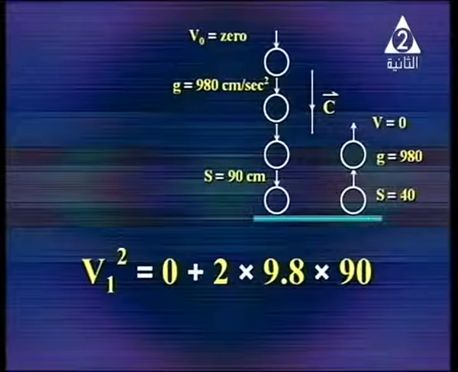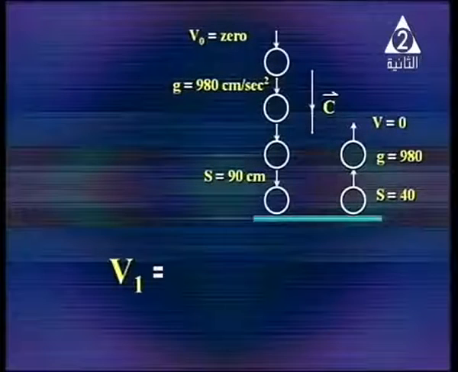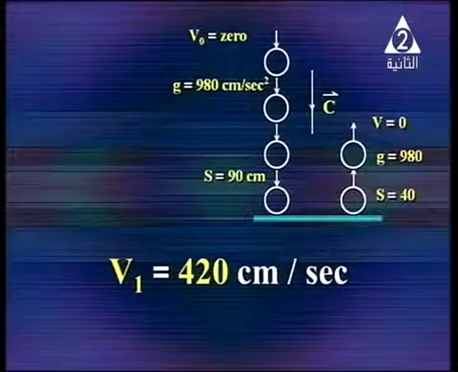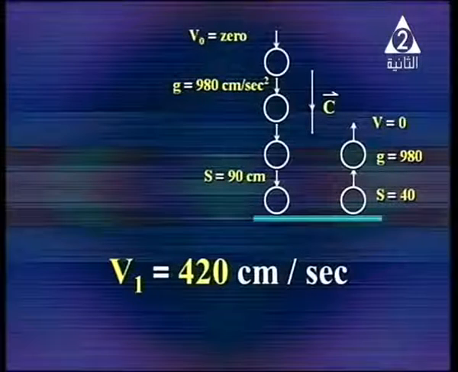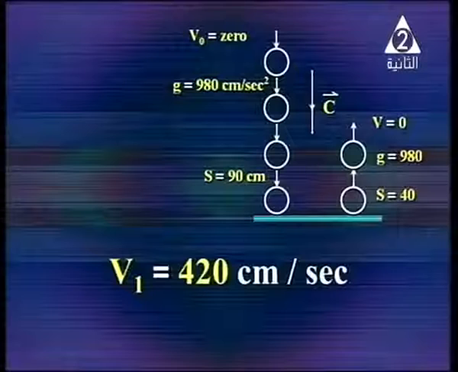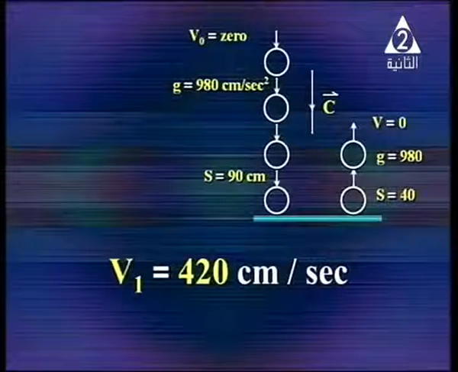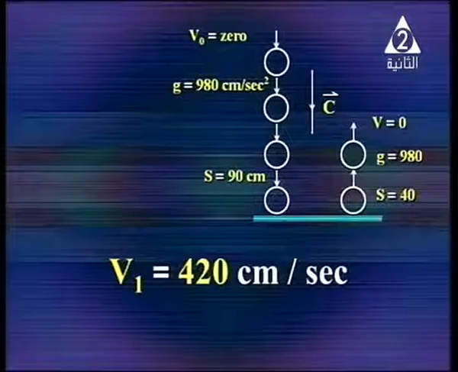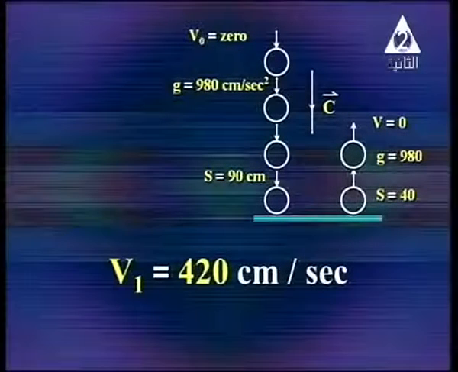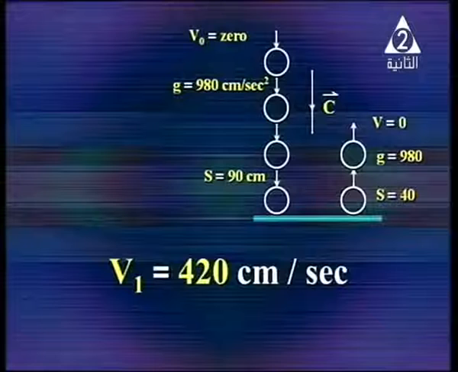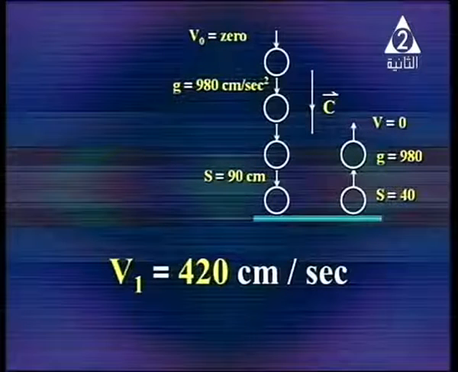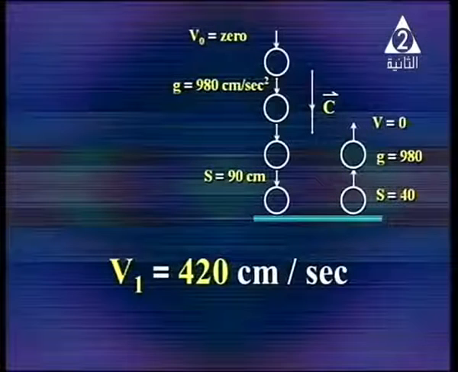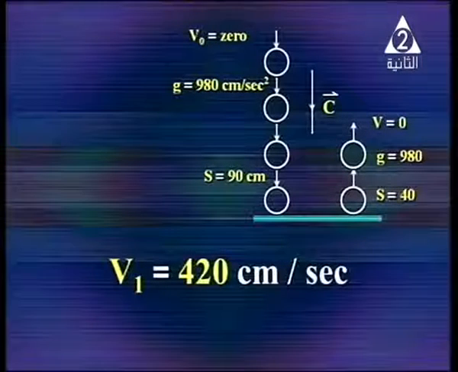By using square root, then V equals 420 centimeter per second. Remember, dear student, we have two motions, down and up. When the rubber ball falls, the final velocity when it reaches the surface of the horizontal is 420 centimeter per second.